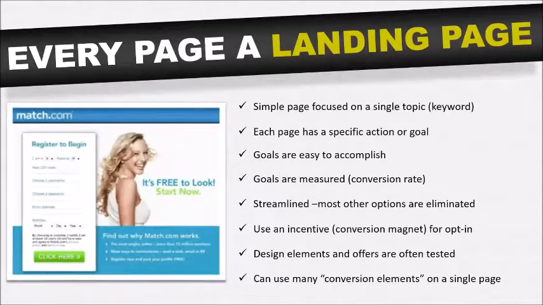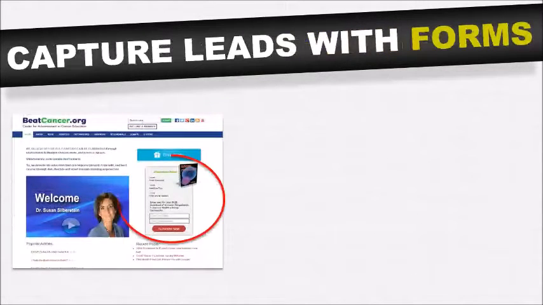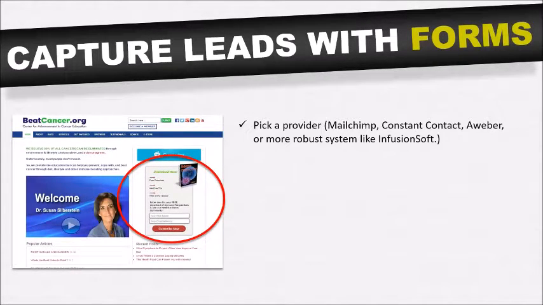Next, I want you to capture your leads or your prospects with forms, which can be pop-up forms or simply embedded on your site, like this one is. Realize that your prospect capturing form should integrate with your automated email. So pick a provider that does that. Good ones include things like MailChimp, Constant Contact, Aweber, or even more robust systems like Infusionsoft.